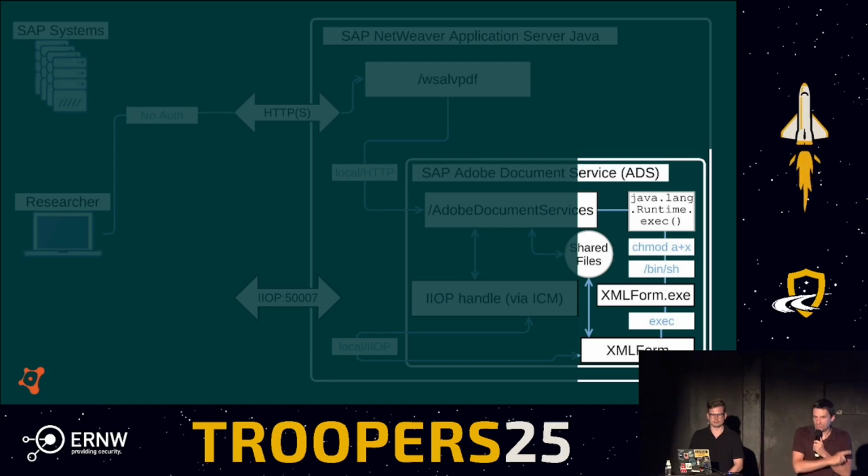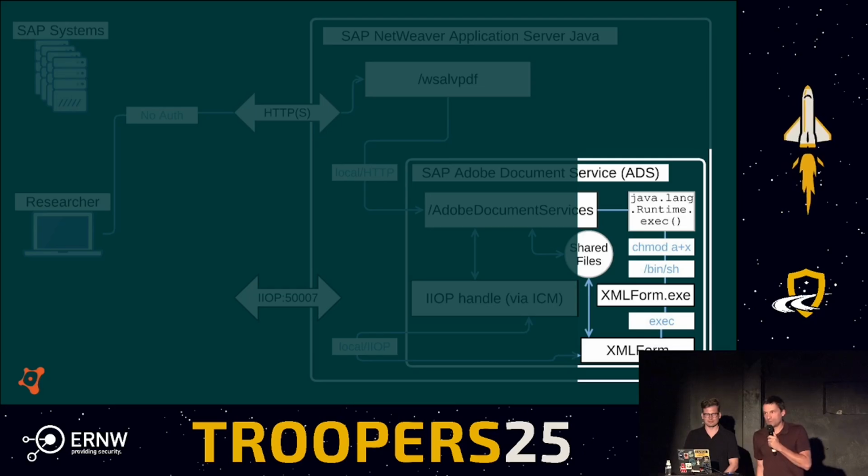This is a bash script, and this bash script executes the XMLForm binary at the end. The XMLForm binary is the process that manages to generate the PDF. This is important to understand.